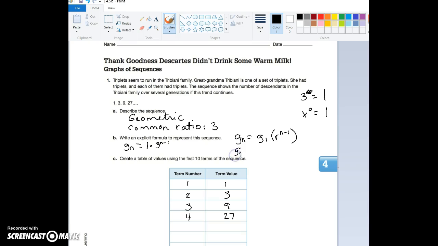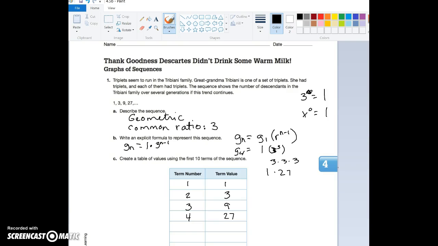G sub 4 is equal to G sub 1, which is 1, times r to the 4 minus 1 power, so that would be 3 to the 3rd power, and r is 3. So 3 times 3 is 9, and 9 times 3 is 27. 1 times 27, G sub 4 is 27.